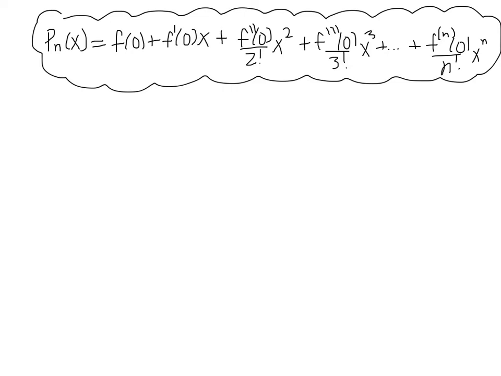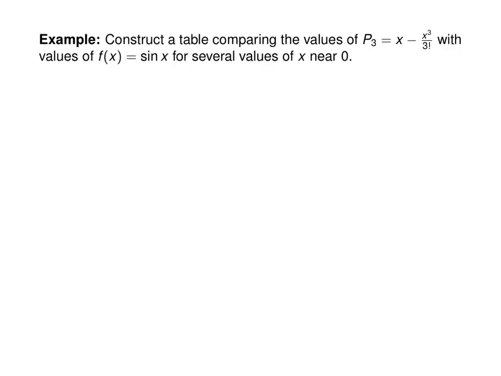Now, let's do an example where we just sort of discuss how accurate these things are, at least comparing an approximation to an actual function's values. So, first of all, let's just verify. We're going to compare this third degree polynomial with sine x for several values of x near 0. But first, let's talk about where that came from.